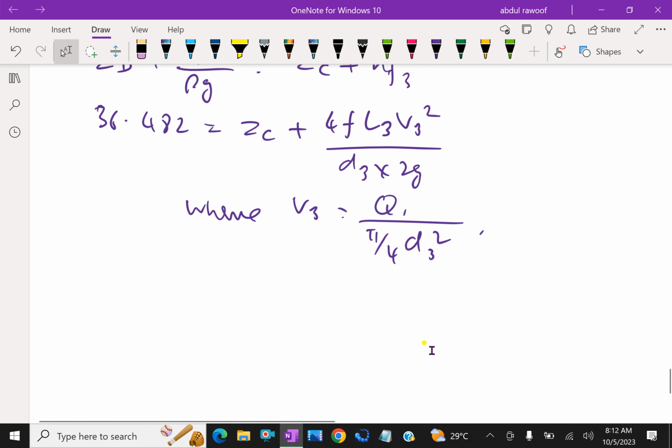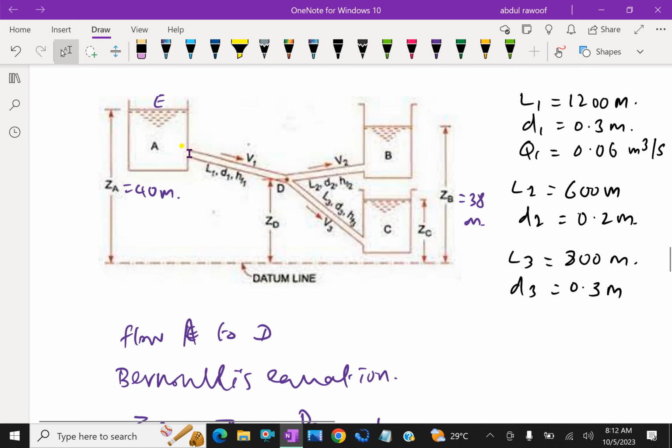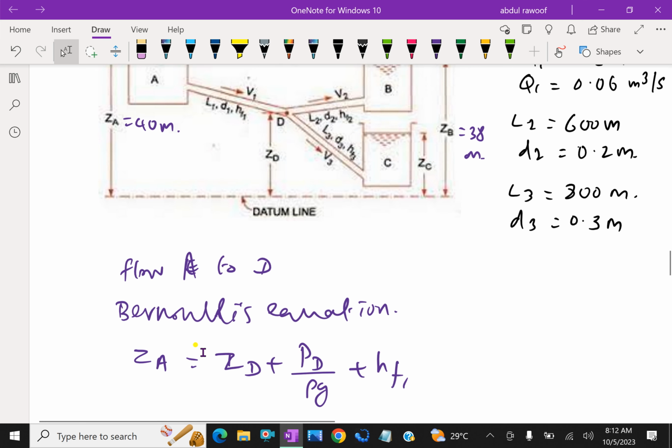But from continuity, look at the branch here: the volume flow through this one is distributed among these two pipes.